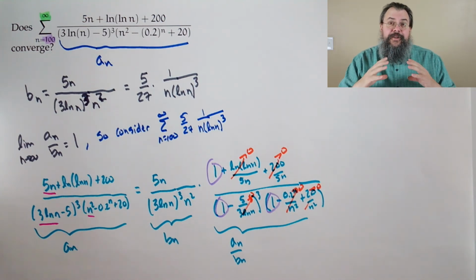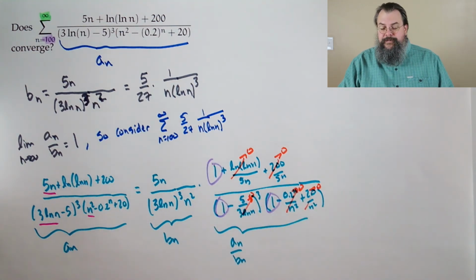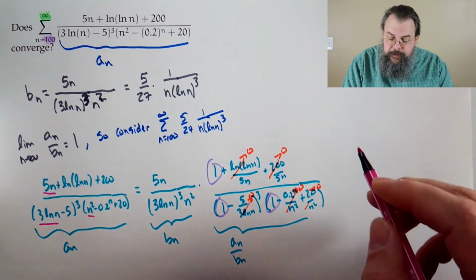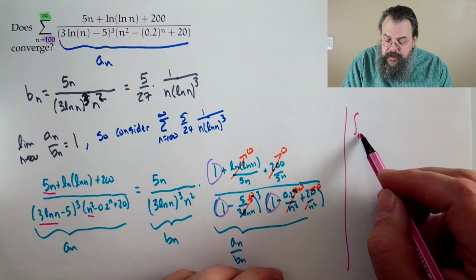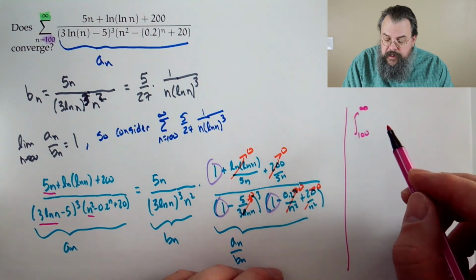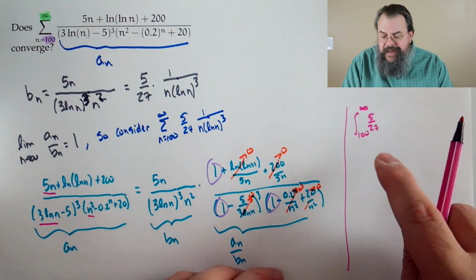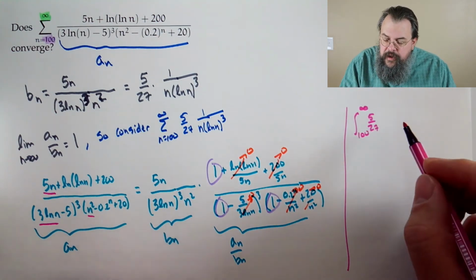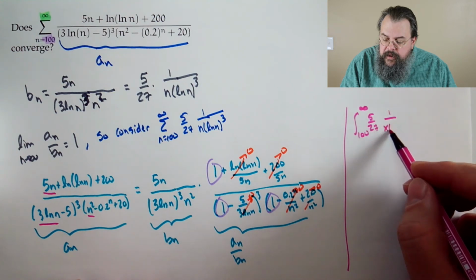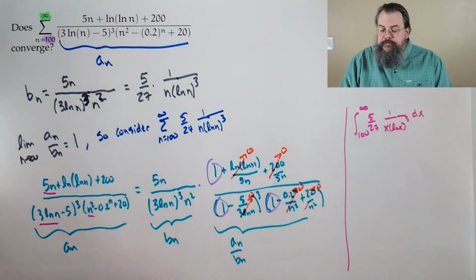So the integral test is almost tailor-made for this kind of sum. Why? Well, let's take a look. If we look at the integral from 100 to infinity of 5/27ths, and again, the constant doesn't matter. If you want to get rid of the constants, no worries. 1 over x log x cubed dx.